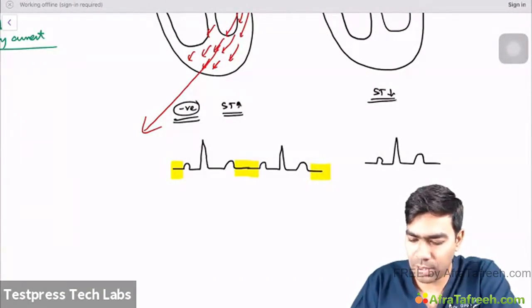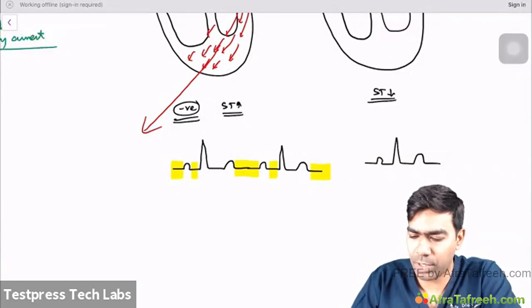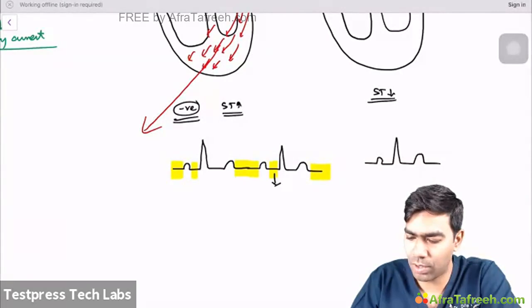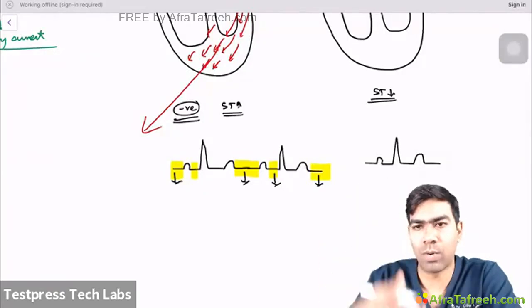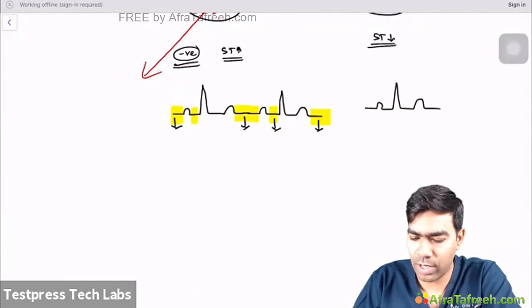And these areas are also before the ventricular depolarization, so all these areas are isoelectric before the depolarization starts. Now, because this is going to produce a negative current, it is going to push the baseline down completely.